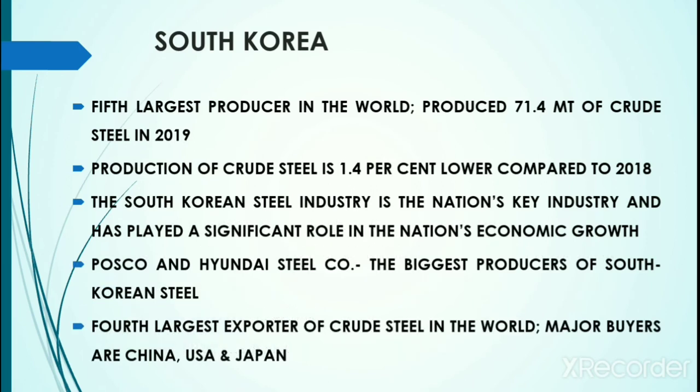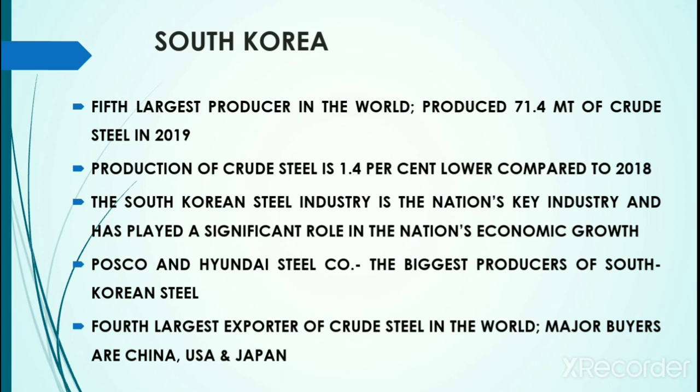South Korea is the fifth largest producer of crude steel in the world. The country produced 71.4 million tons of crude steel in 2019. The production is, however, 1.4% lower when compared to the 2018 production.